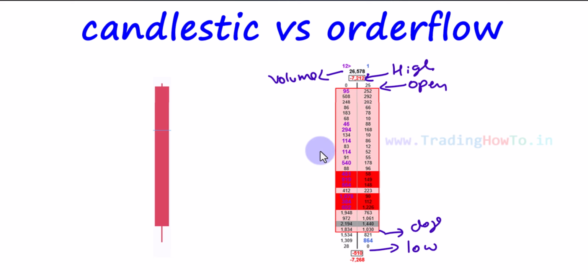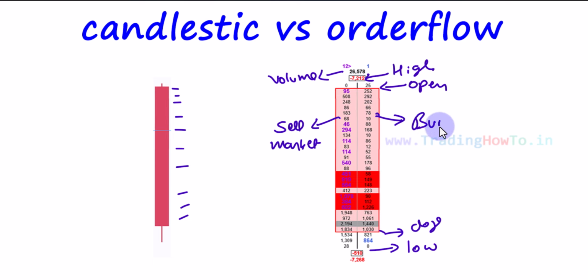Now, what else is available from this candle? When we looked at the candlestick candle, we did not know how much volume was traded at each price interval. But here, the numbers that you see are the amount of trades taken at each price interval. I have set up the order flow chart so that on the left side we see the sell market orders, and on the right side the buy market orders.